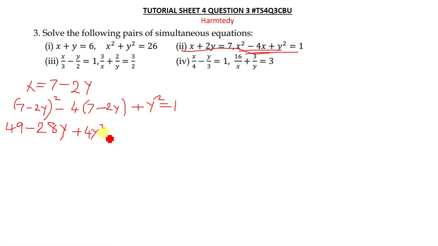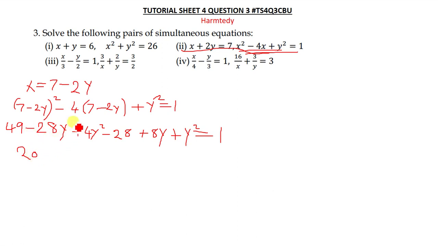And then here you have 28, then you have plus 8y, then you have plus y squared is equal to 1. So when you simplify 49 minus 28, you get 21, minus 1, you get 20.